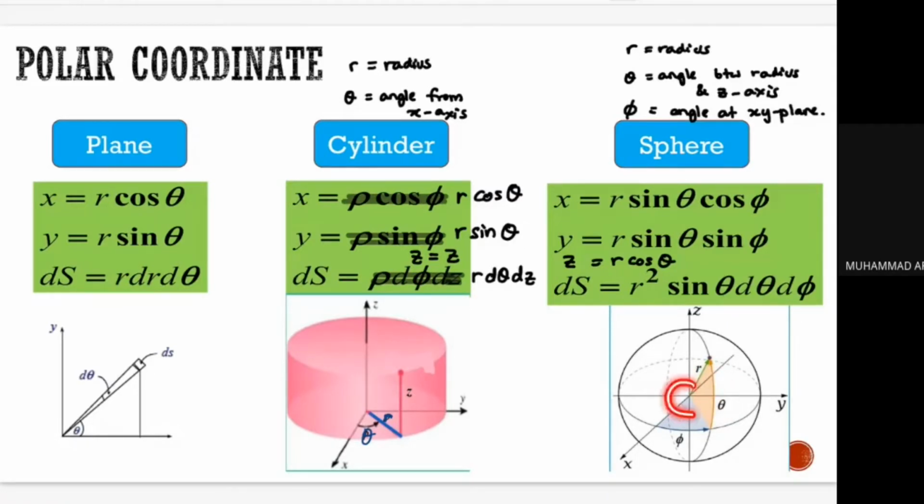So x is r sin theta cos phi, y is r sin theta sin phi, z is r cos theta, and dS is equal to r squared sin theta d theta d phi.